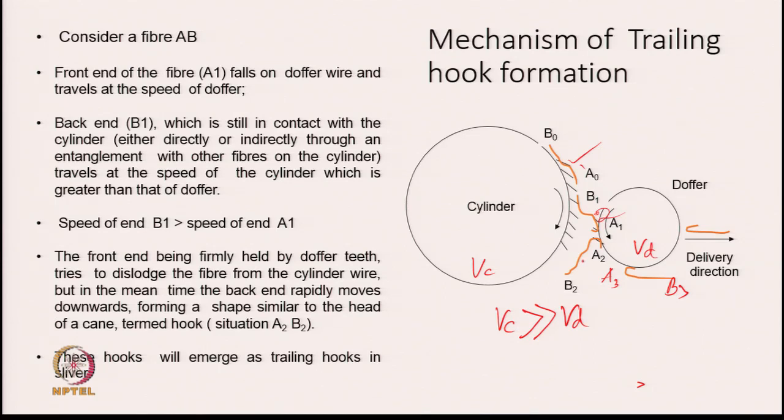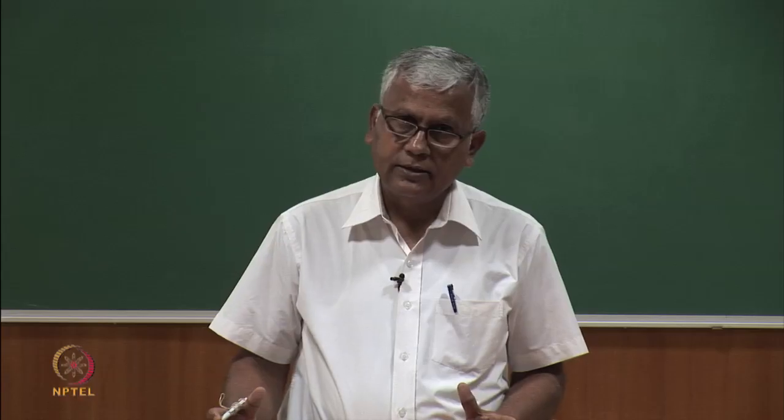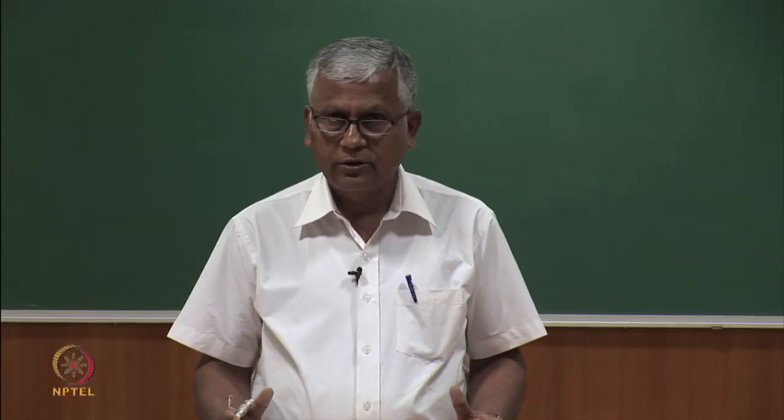End B gets combed by the cylinder wire points or cylinder teeth, hence the end B may not have a hooked end, whereas end A, which lasts on the Doffer surface, remains caught there in the form of a hook, and therefore, finally, when this fiber emerges from the Doffer, it is in the configuration of a trailing hook.